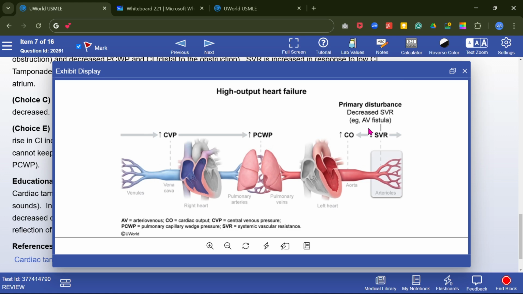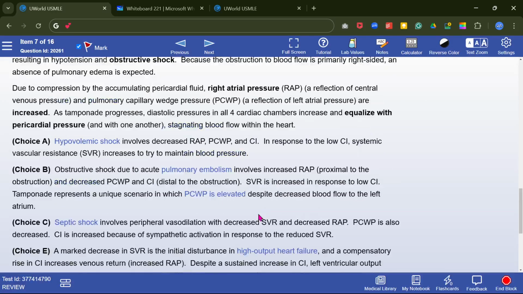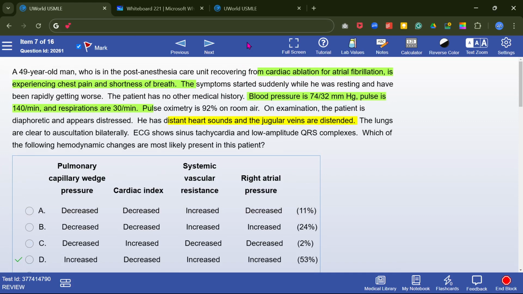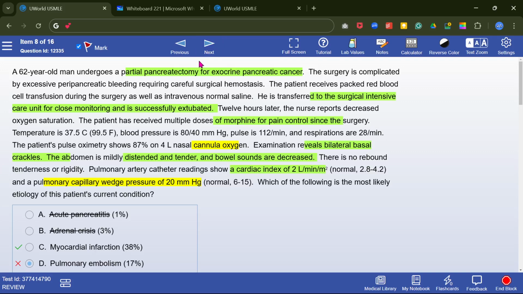That is an AV fistula, an arteriovenous fistula. So decreased SVR is an arteriovenous fistula. So in high output failure, everything is increased, with decreased systemic vascular resistance. Okay, got it. Next.